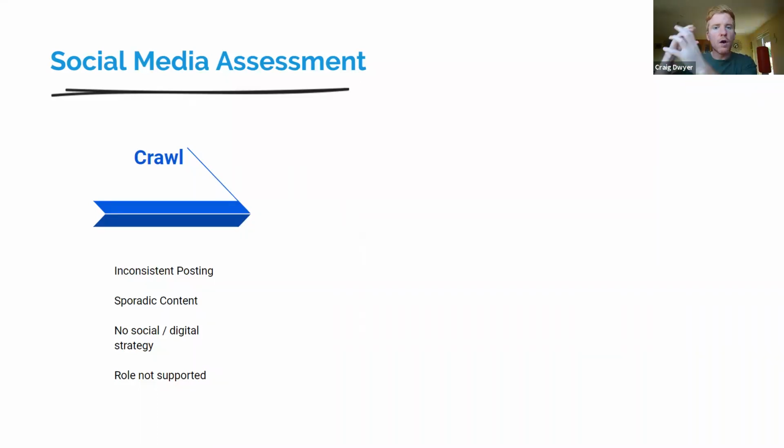It's more of an ad hoc approach, with less of a plan or strategy behind what you're trying to achieve. Often in this stage the role is not really supported, maybe it's not somebody's dedicated role, or you don't have the time or resources to dedicate to this.